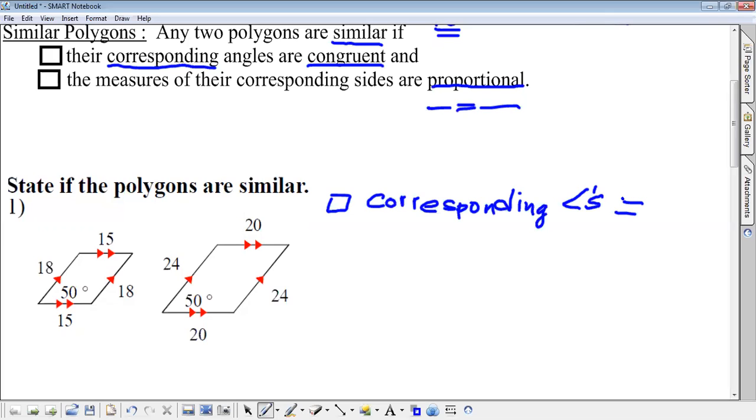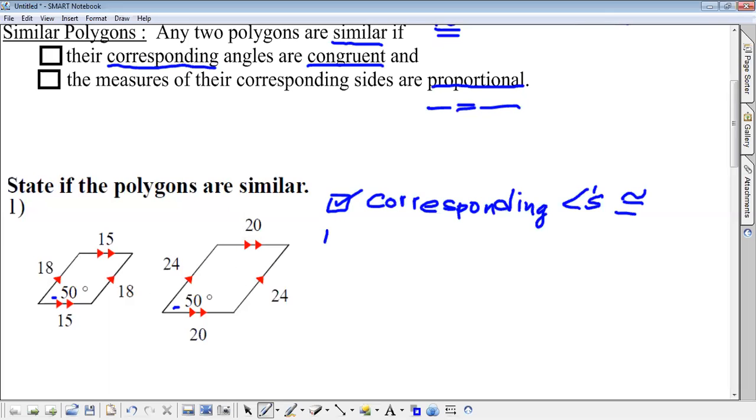Remember, corresponding means in the same position. So they gave me this angle is 50, and they gave me this angle is 50. So they're corresponding, and congruent means they have the same measurement. So the angle they gave me is corresponding and congruent. Okay. There's a way you can find out what the other angles are, but we have not covered that. So I'm only going to use that angle.